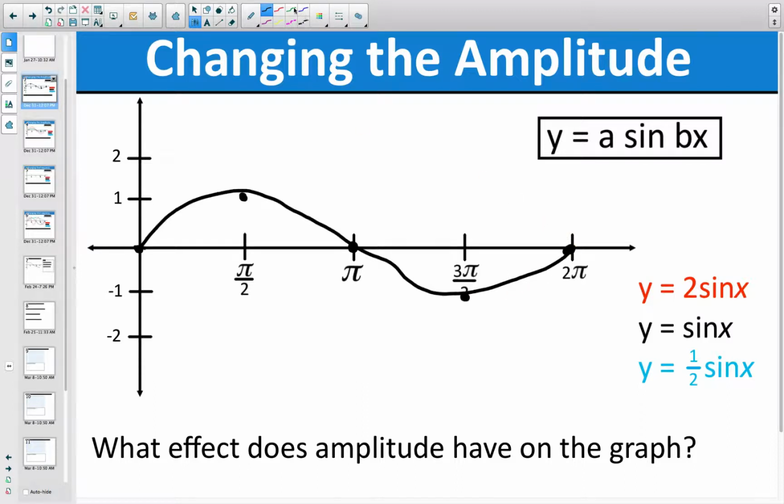That was pretty terrible. Okay, let's take a look at y equals 2 sine of x. Again, it starts at the midline, so same point, but this time it goes up to 2, back to the midline, to -2, back to the midline.